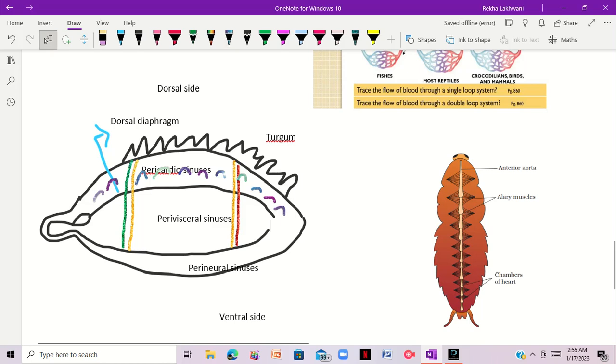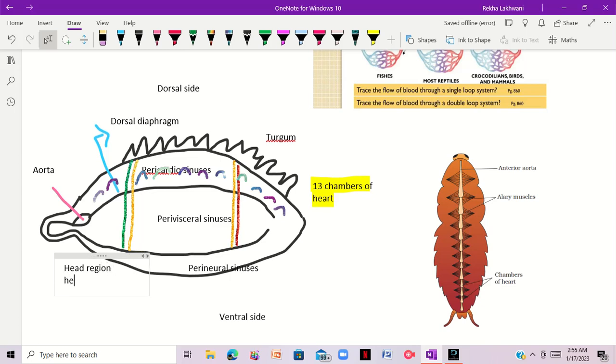Now here we have this region known as the aorta, and this region is the head region, or you can say hemocoel.